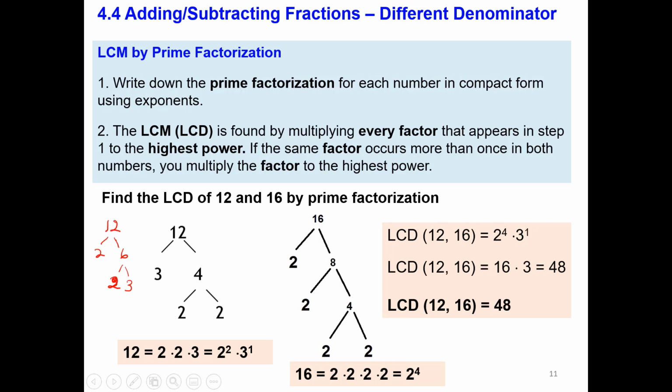And now we select the factor with the higher power. We have 2 to the second, 2 to the 4th, we select 2 to the 4th. And 3, we just have 3 to the first, so it's just 3. To calculate the LCD, we need to solve this. 2 to the 4th power is 16. 16 times 3 is 48. Then the LCD of 12 and 16 is 48.